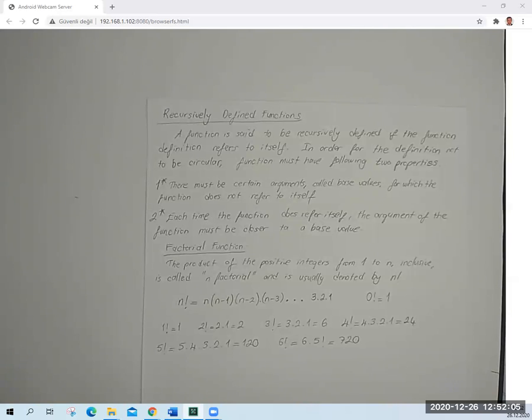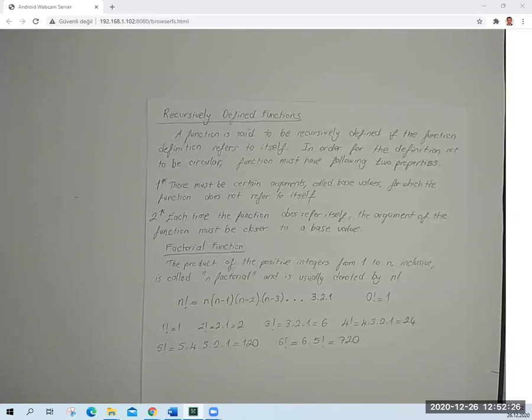Anyway, okay, I will continue at the evening lecture time at 7 with recursively defined functions. We were writing the factorial function.